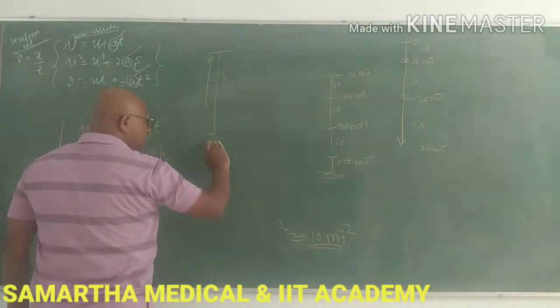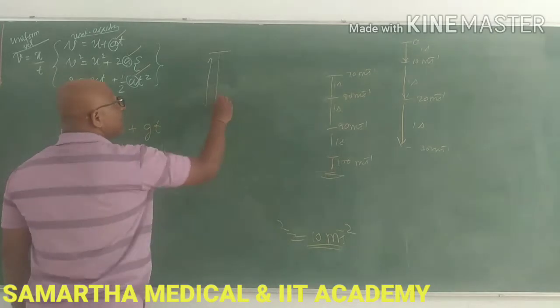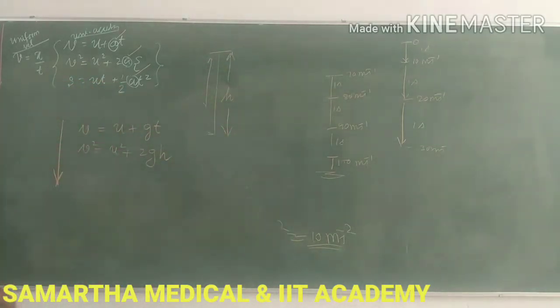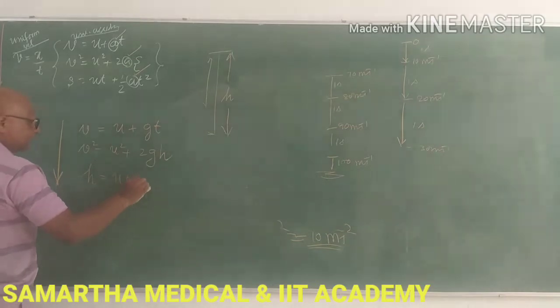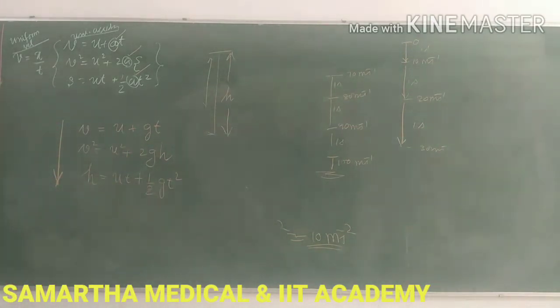Here we will not call this displacement, we call this height h. So 2gs will be written as 2gh. Displacement is h, and s means h = ut + ½gt² for downward motion.